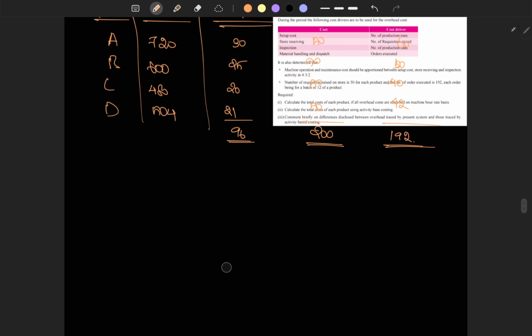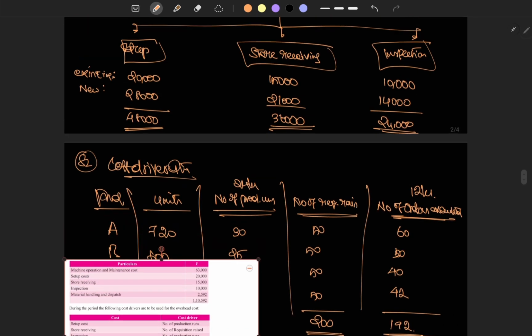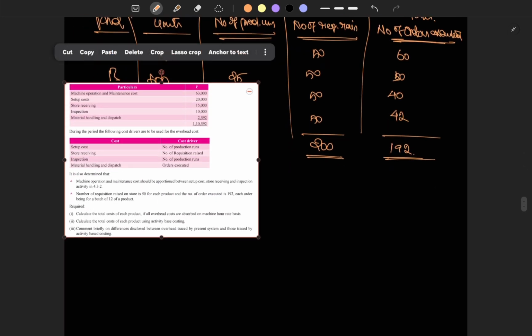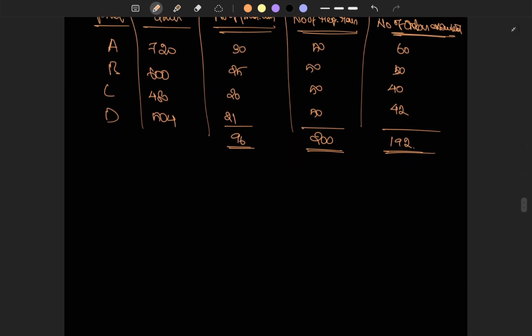Now the third step is the cost driver rate. So let's quickly get into the cost driver rate. We have a cost pool and we have a cost driver quantity. The third step is to find out the cost driver rate.